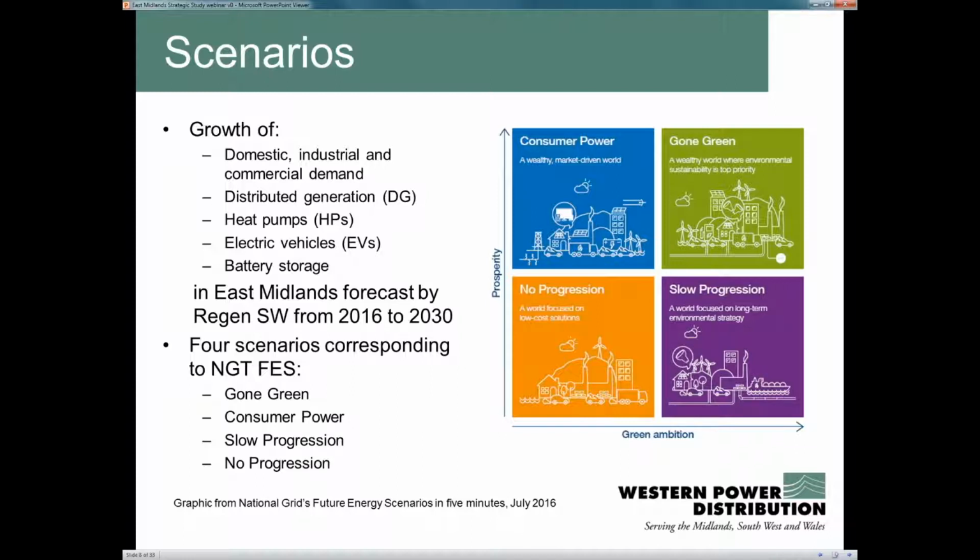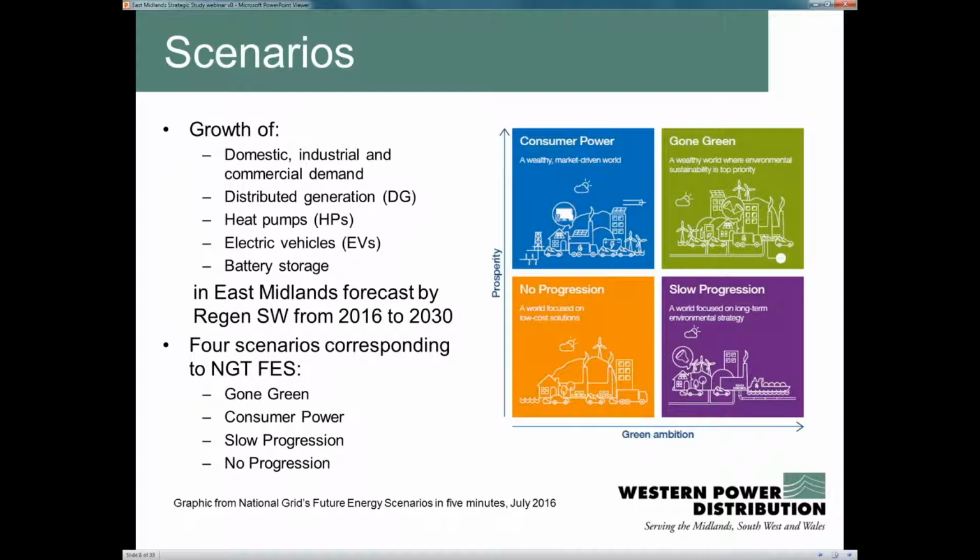As we move to a lower carbon economy as a higher agenda and more economic activity in the UK, we move towards either the slow progression or consumer power scenarios, and finally towards the gone green scenario, which in the 2017 FES document by National Grid has been retitled to 2%.